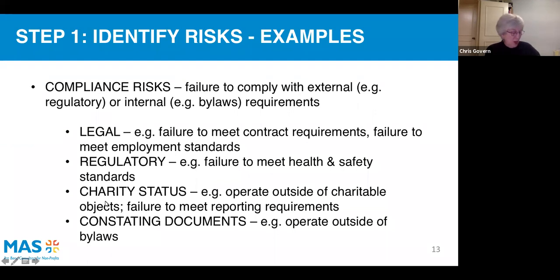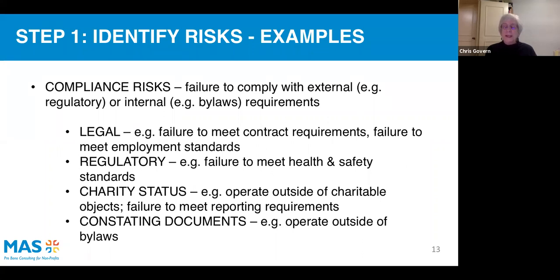So let's talk first about compliance risk. There are really two types of compliance risk. The first type is a failure to do something that you are required to do as an organization. So the failure to file reports on time, or the failure to comply with an external or internal requirement.